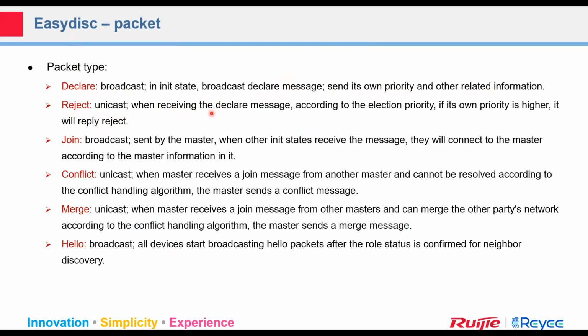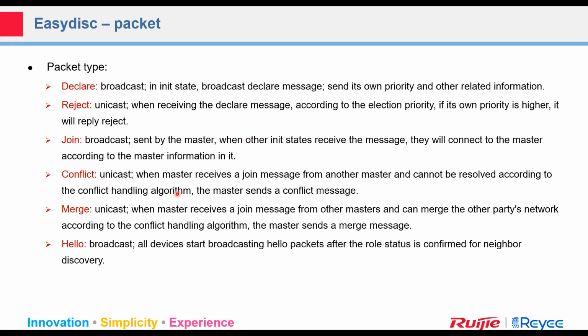If a device receives a declare message, and according to election priority its own priority is higher, it will reply with a reject. If join is sent by the master and the other init devices receive the message, they will connect to the master and initialize according to the master's information.